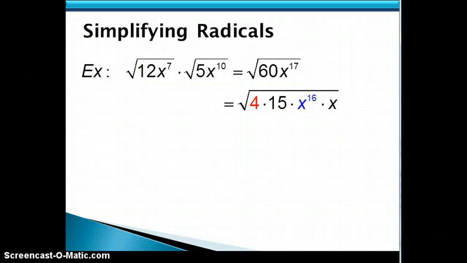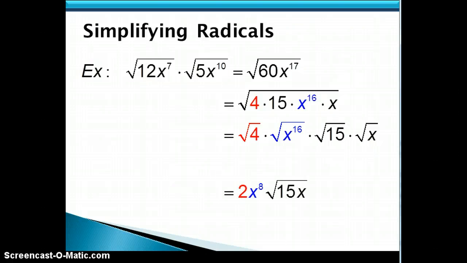Now we can use the product rule and split that apart and square root the 4 and square root the x to the 16th, again doing the perfect squares first, and then times the square root of 15 times the square root of x. Now we simplify the radicals that are perfect squares. So square root of 4 is 2.